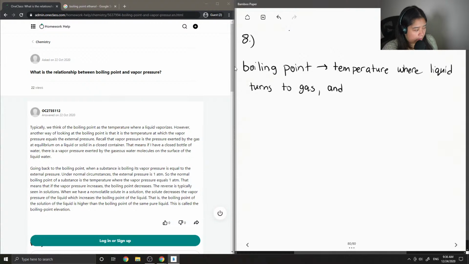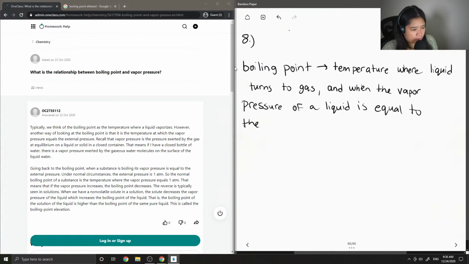But it is also when the vapor pressure of a liquid is equal to the pressure surrounding the liquid.